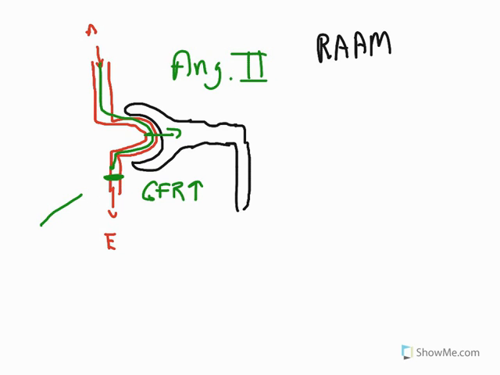Now, we also know that the renin-angiotensin mechanism, angiotensin 2, will also trigger the release of antidiuretic hormone, and ADH will make us thirsty. This increases our water intake, which increases blood volume, and thus increases blood pressure.